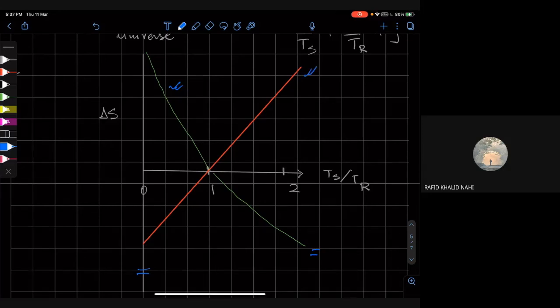So the change of entropy of the universe is something like this. So it is always positive, okay? Right. Okay, so any questions? I think this is a nice little exercise.